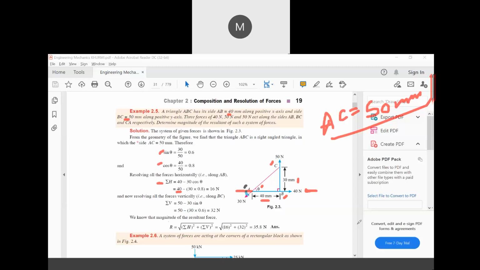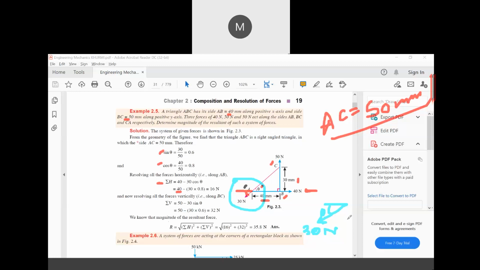Theta. Very good. This small angle will be theta. If I zoom into just this part, this is 30 and this is theta. Yes or no?